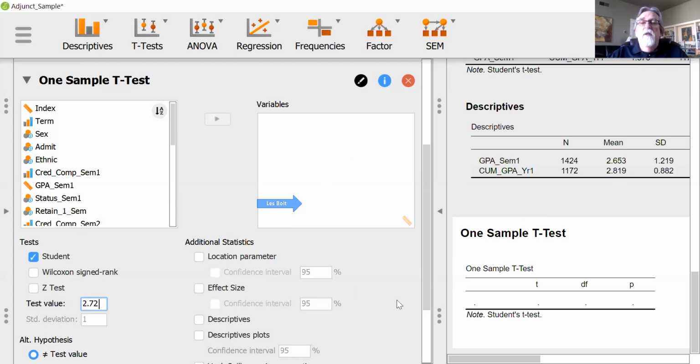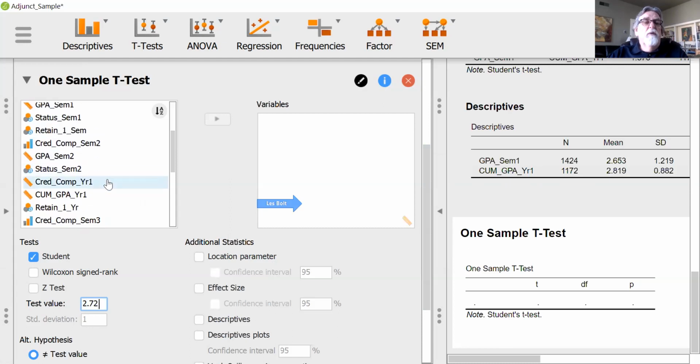2.72. And we want to know if this particular group's cumulative GPA at the end of year one is significantly different from the system-wide average for GPA at the end of year one, which we have set at 2.72, because we know that from some other data source or some previous calculation.